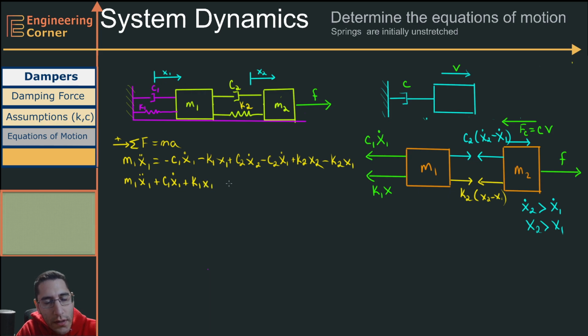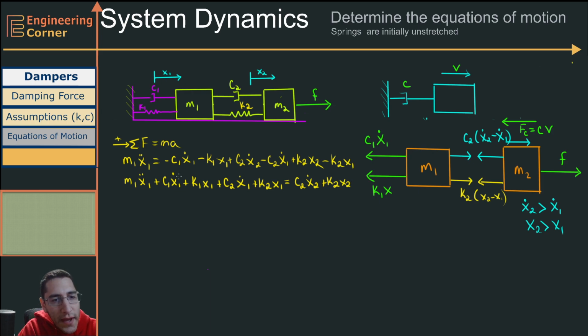The 2 is going to stay on the other side. Plus c2 x1 dot plus k2 x1 is going to be equal to c2 x2 dot plus k2 x2.